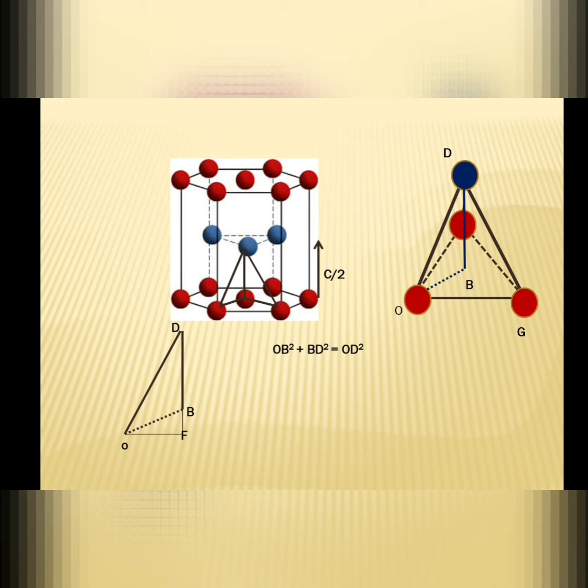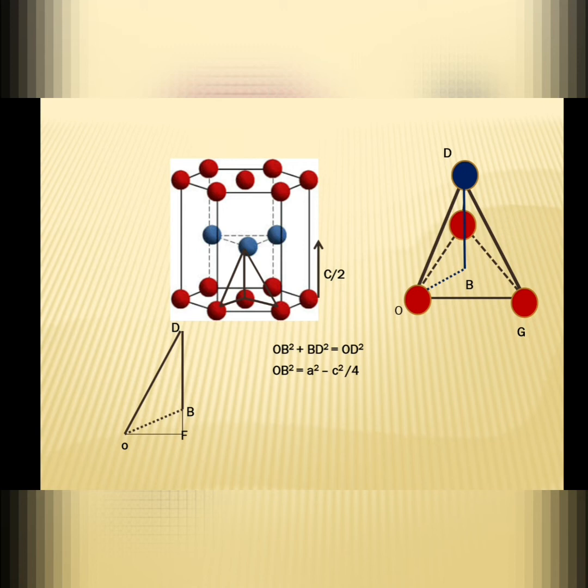Now BD is equal to c by 2, that is the height of the hexagon by 2, and OD is equal to a. The distance between two atoms is the edge length of the hexagon. OD is the distance between two atoms, that is one red colored atom and the blue colored atom, and it is a.